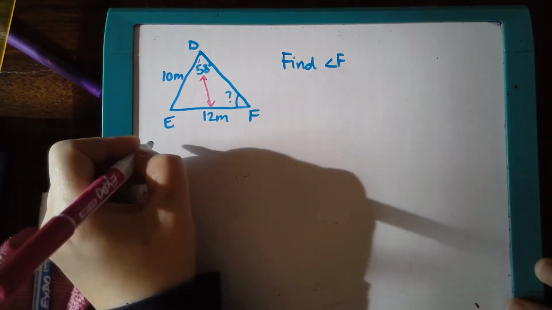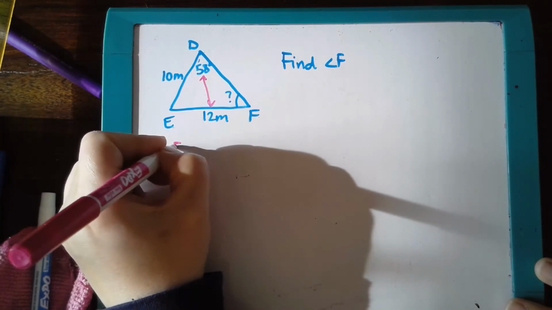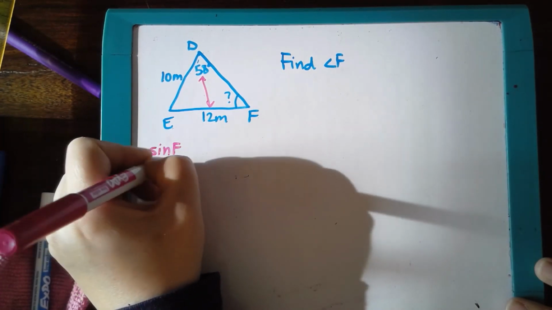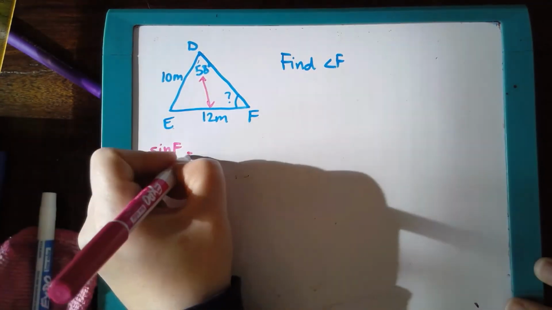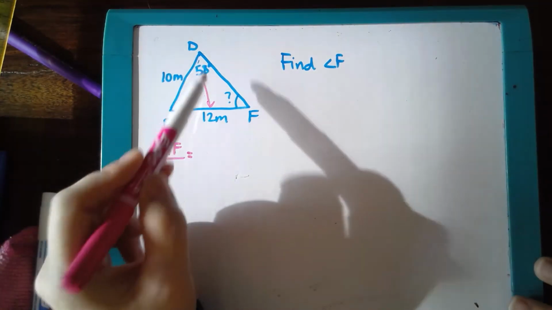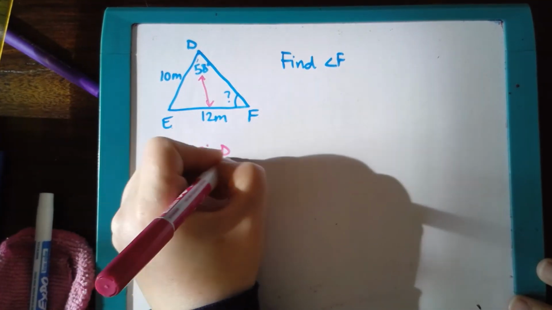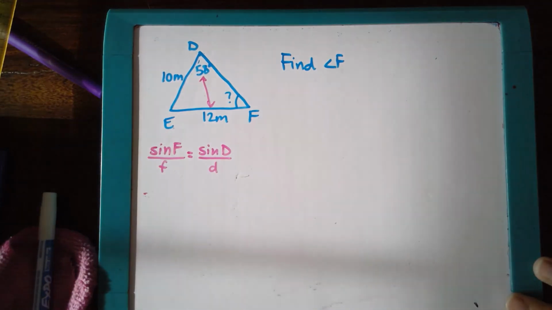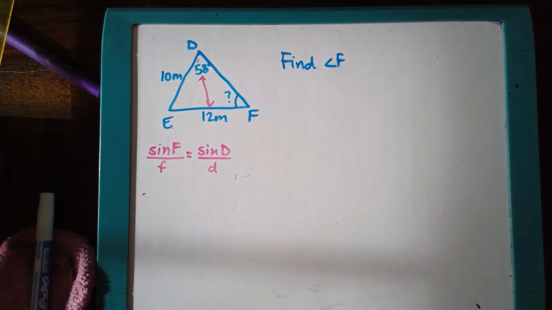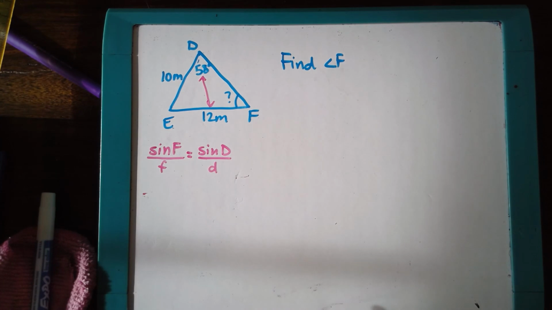Okay, so we're looking in this case for sine F over little f is going to equal, and then our known pair is D, so sine D over little d. That's the formula that we're going to use to solve for f. We can't solve for f straight off. We have to solve for sine f first.